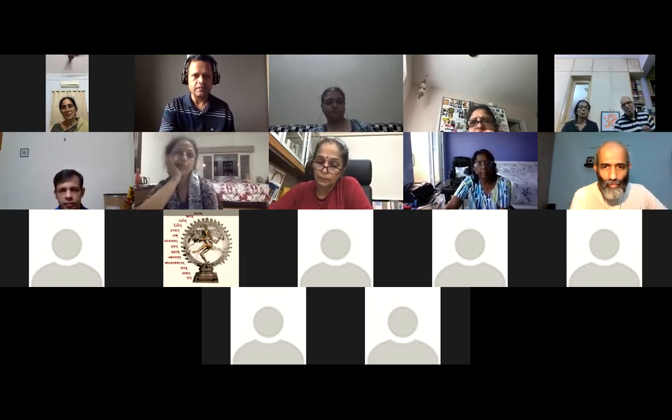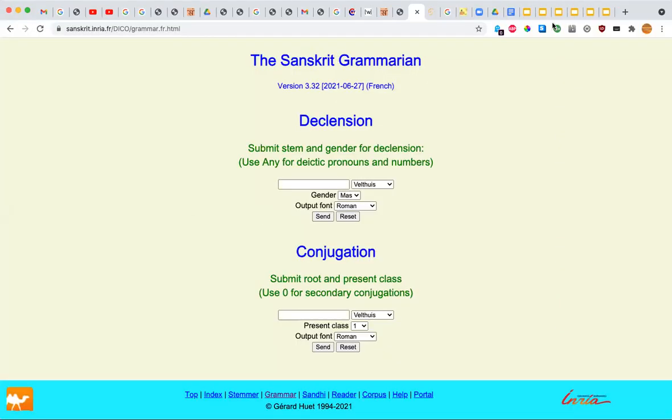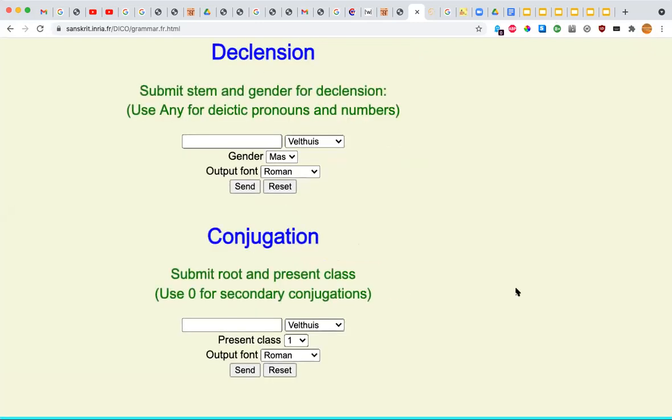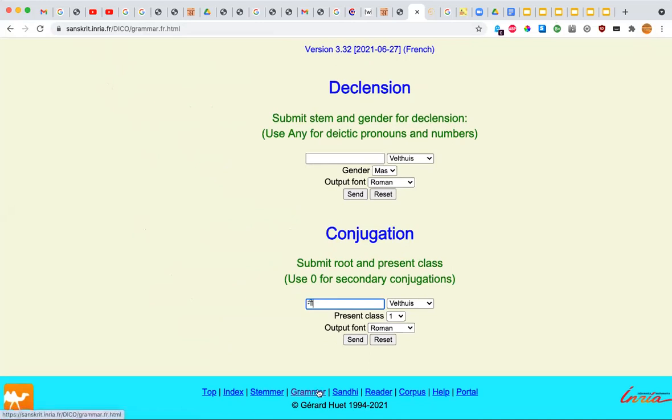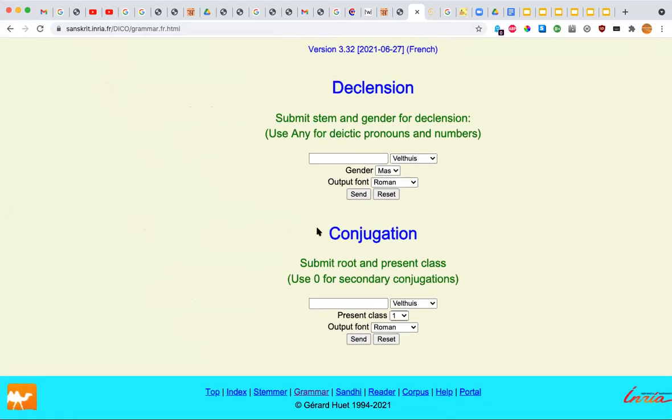for determining some of these things or for validating what we think is the right answer. So as Meera Mahodaya or Narayanan Mahodaya said, the dhatu there is ni dhatu. So if you go to the Indriya website and click on grammar, so this part, the declension part, is used for finding the vibhakti.